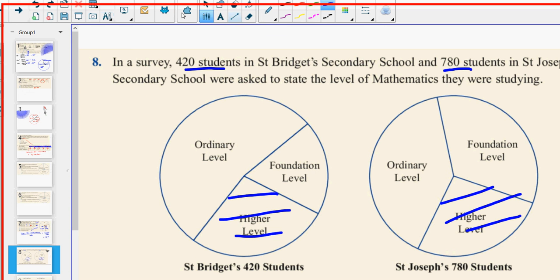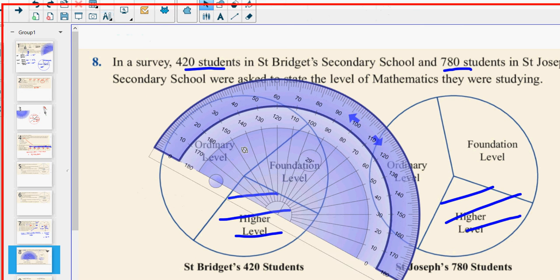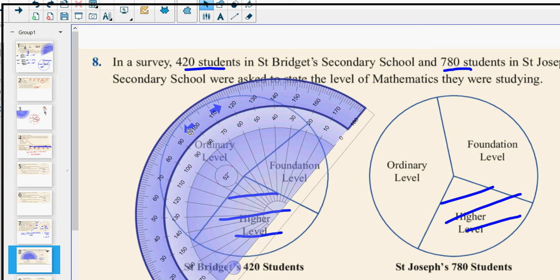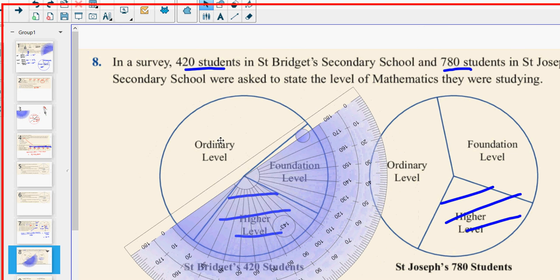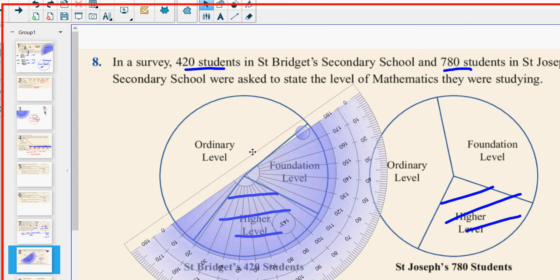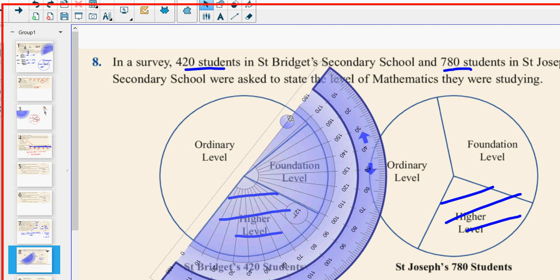If I was to measure them using my protractor, let's see if she has anything to go on there. So let's see what I can do here. I'm just going to grab this for a second, pull it up. What do we reckon?